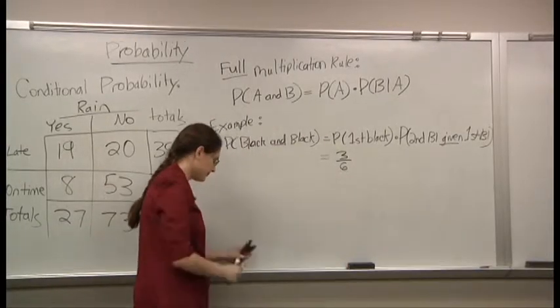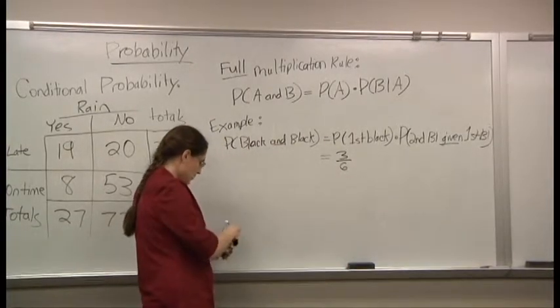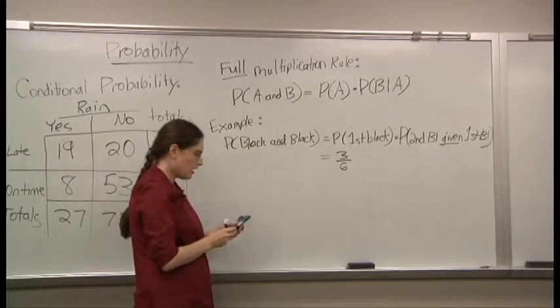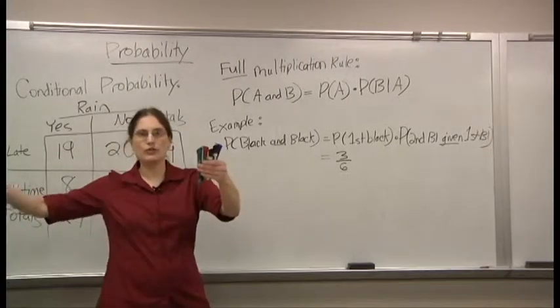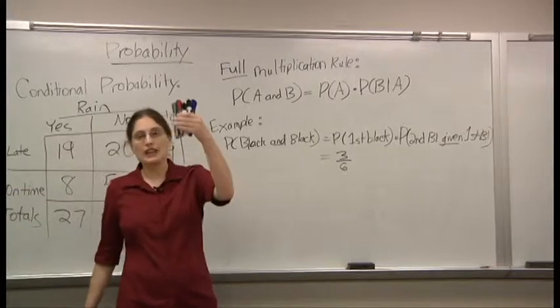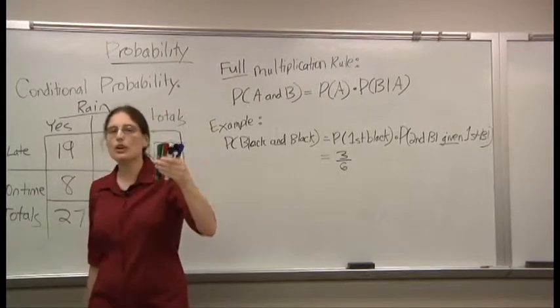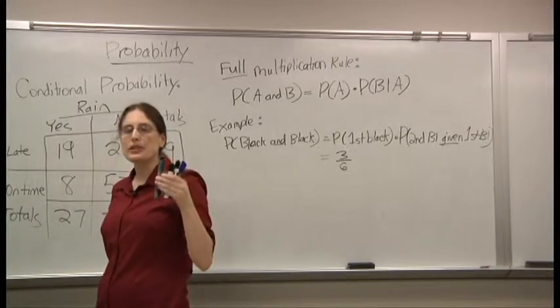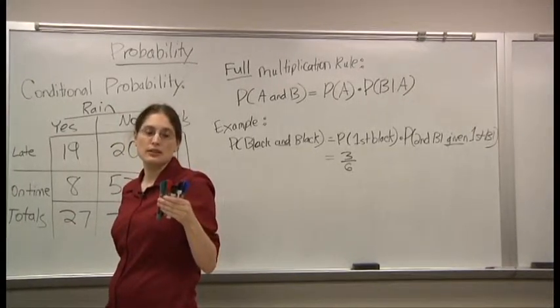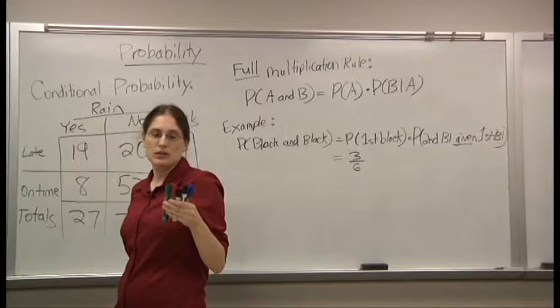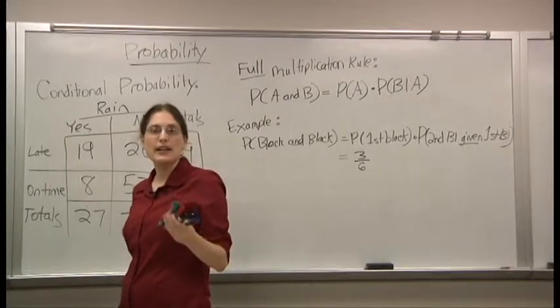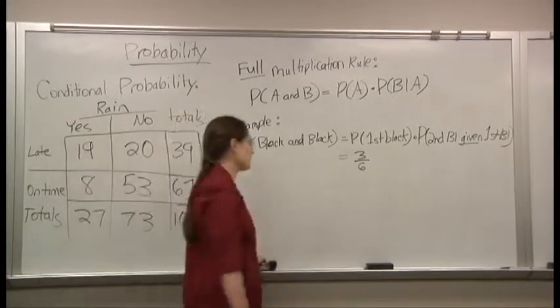Now, I have drawn a black marker. It's over here. It's not in the pool anymore. If I draw a second marker, what's the probability that it's black? Oh, I've only got 2 black out of 5 markers.